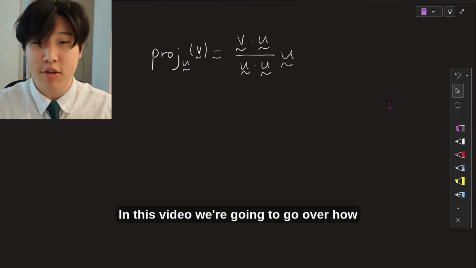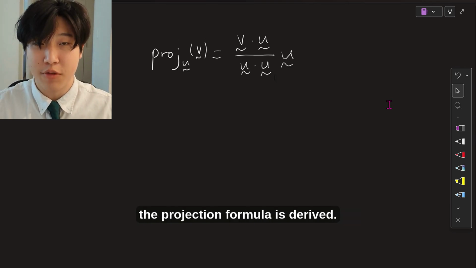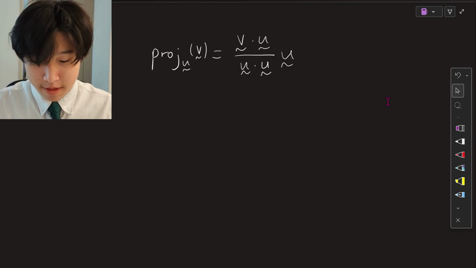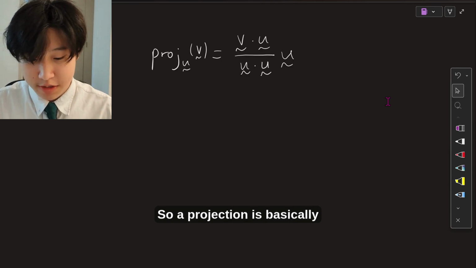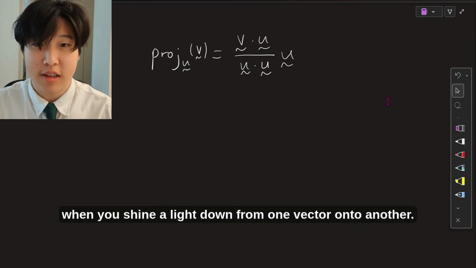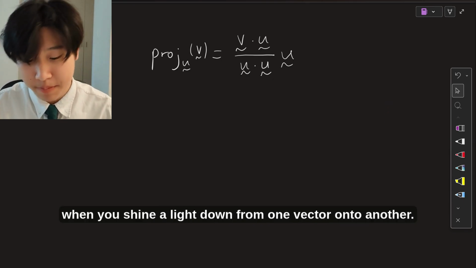In this video, we're going to go over how the projection formula is derived. A projection is basically when you shine a light down from one vector onto another.